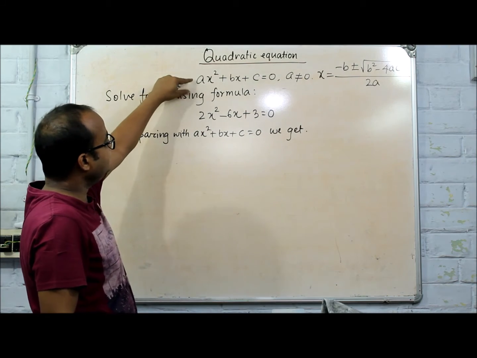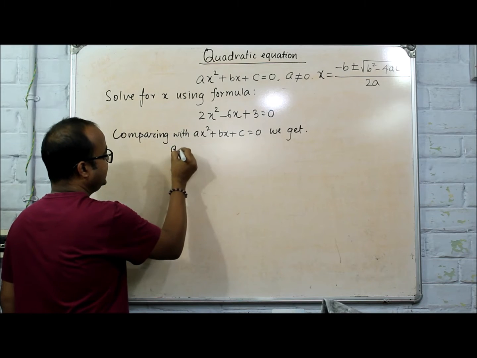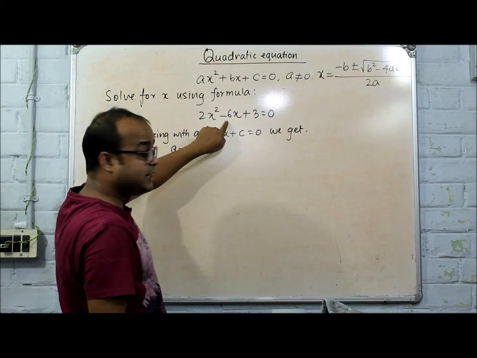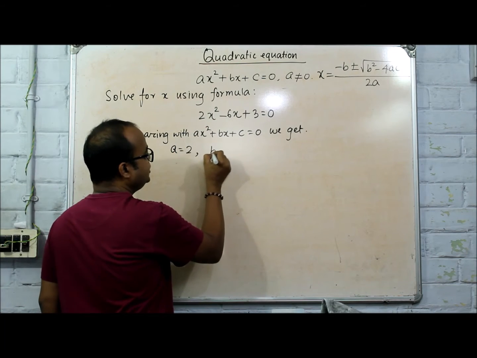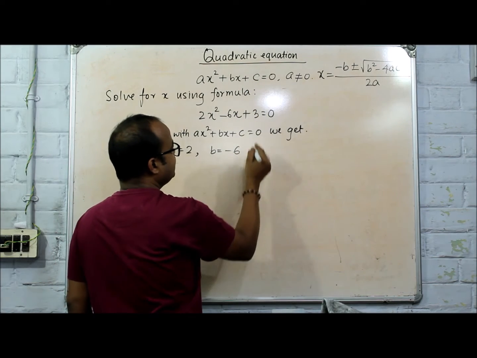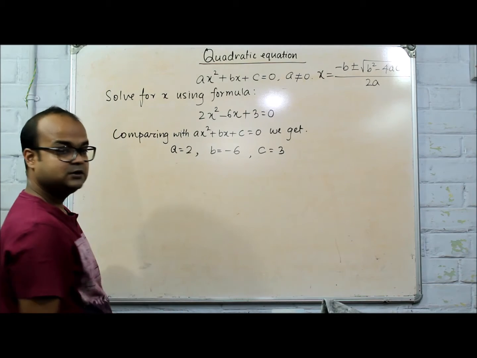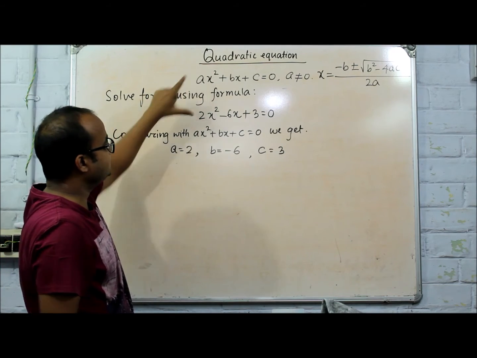Now if we compare, then a is equal to 2, b is equal to minus 6, we are considering the sign also, and c is equal to 3. Am I clear to everyone? We are comparing these two equations.